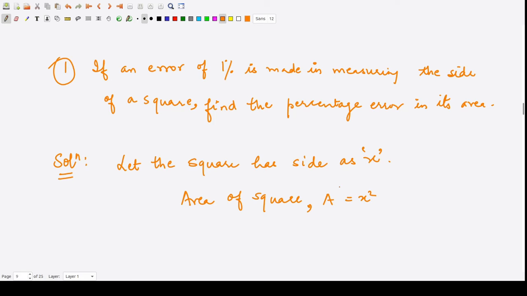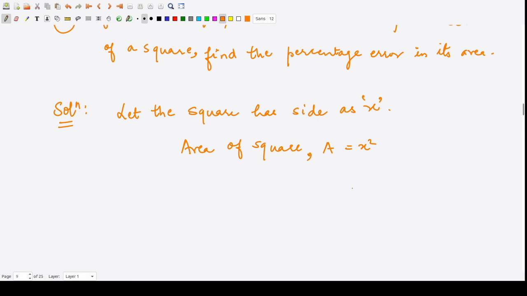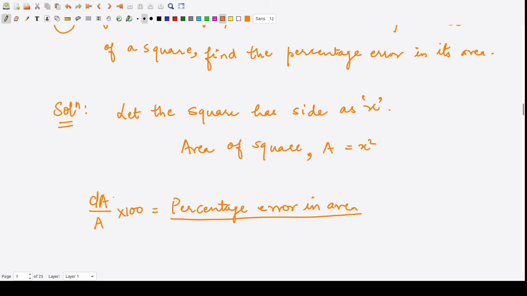Now in order to calculate the percentage error, we have to calculate dA by A into 100. So this is the percentage error in area. So for that, how do we obtain this quantity?